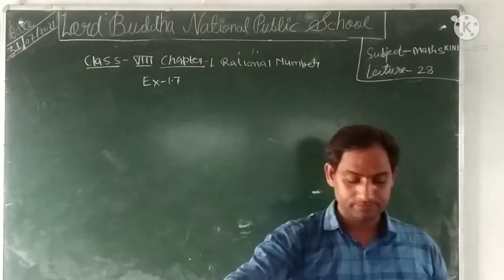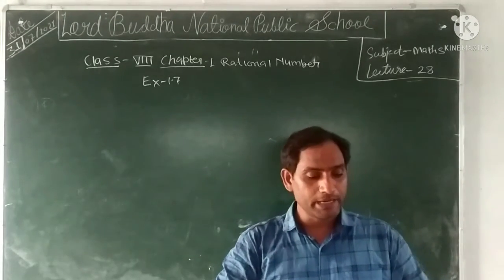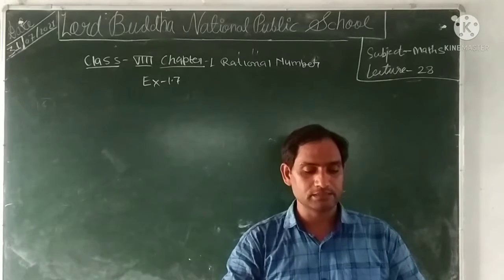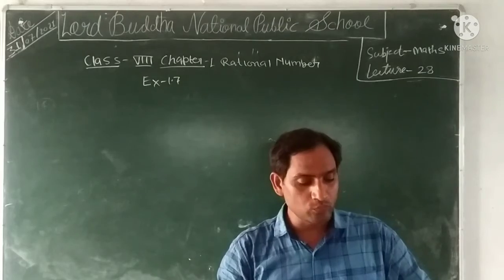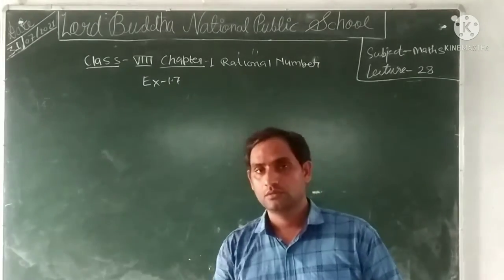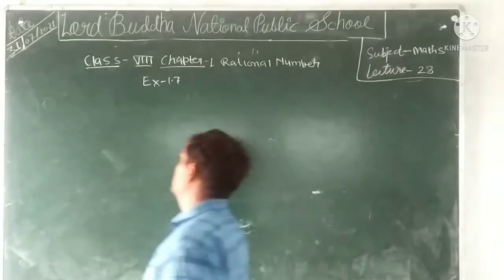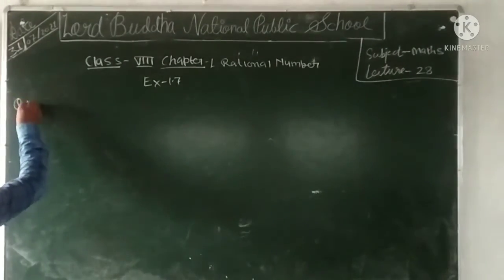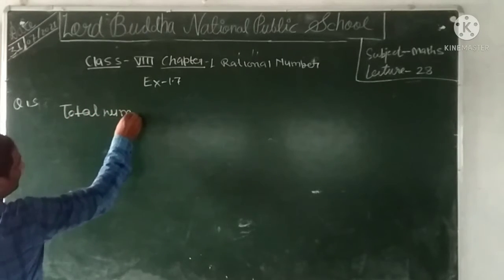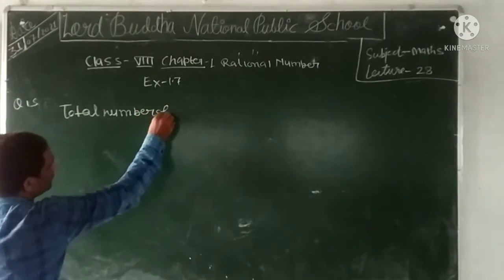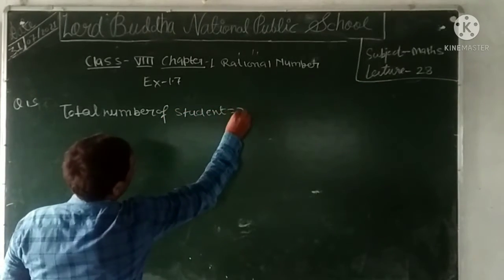Question number 15. The question number 15 is that in a school 5 upon 8 of the students are boys. If there are 240 girls, find the number of boys in the school. First of all, we let the total number of students equal to x.